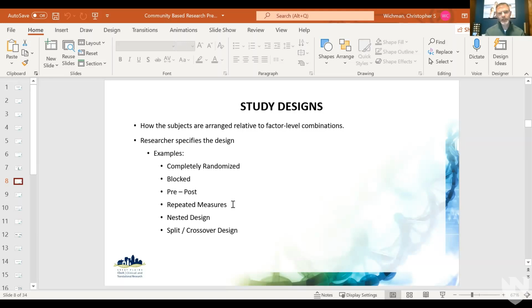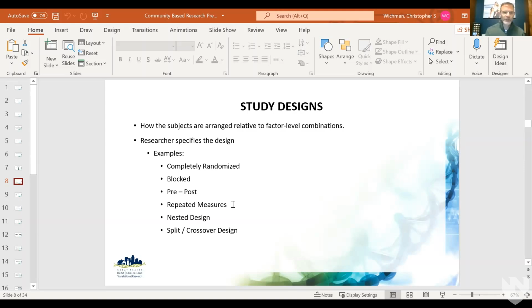And then the last design I'm going to talk about is the split or crossover design, or split and crossover design. So a split design is where I put one level, say factor A, on this larger unit, but then the larger unit can actually be broken up into smaller units, and I can apply factor B independently to the smaller units. So that would be a split design.